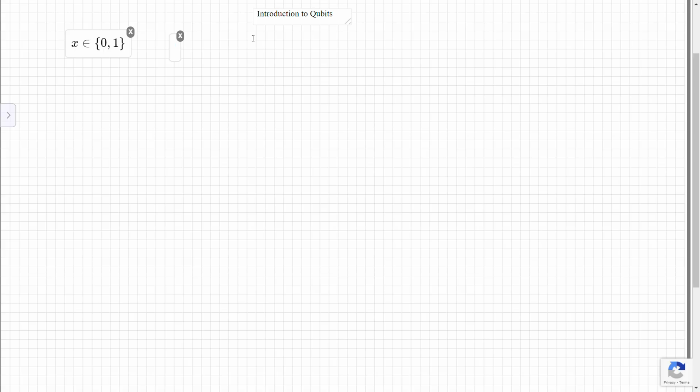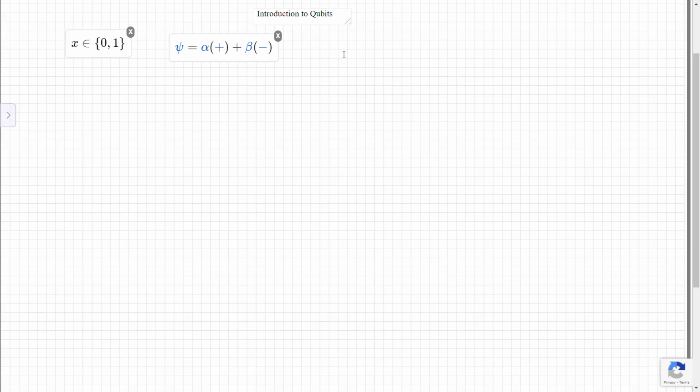So if you have a quantum particle whose wave function can be defined by something like alpha times 0 plus beta times 1. Different textbooks use different notations. I've used plus and minus.